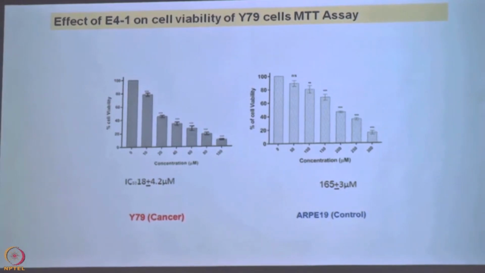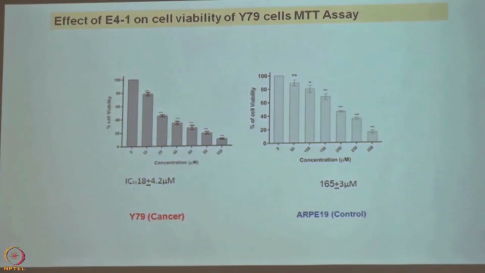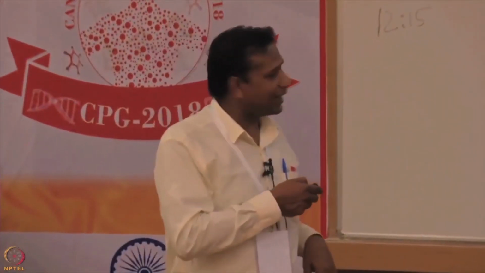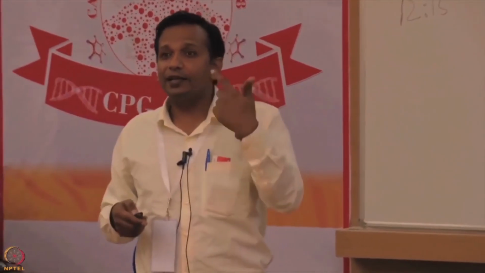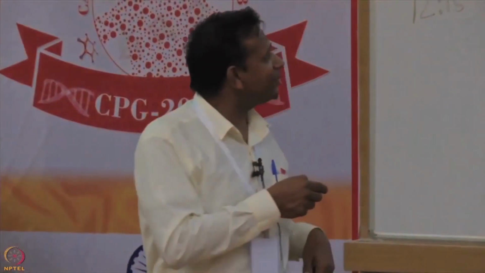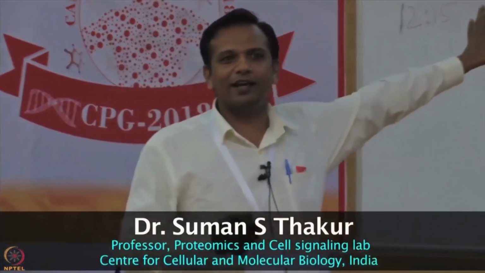If it is killing normal cells, then how can this be a drug? This is the first argument you ask yourself and confirm. So we took ARPE-19, which is also a retinal epithelial cell, and here you see the IC50 is 165 micromolar. That means it is not killing normal cells.